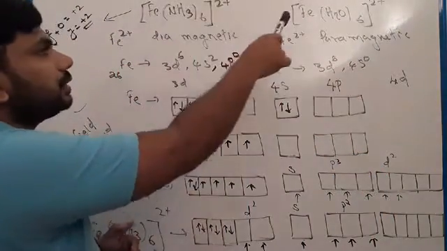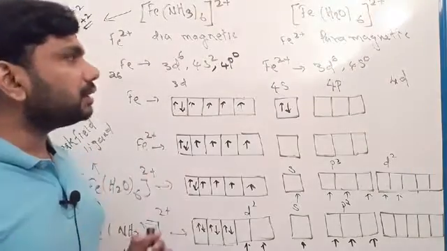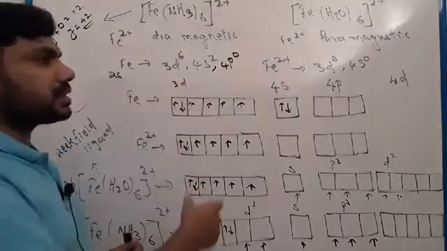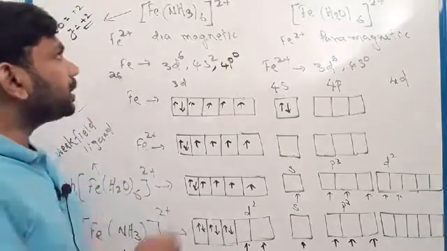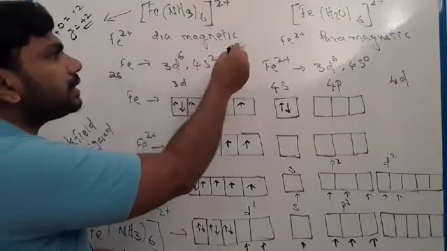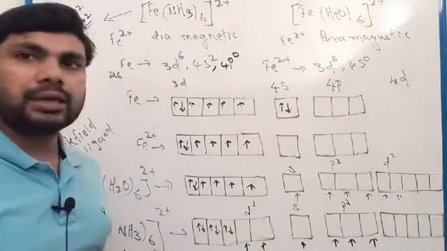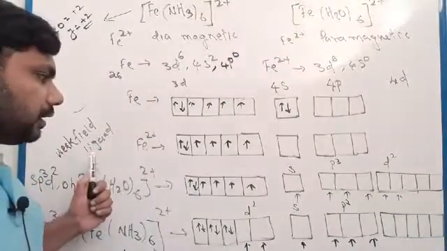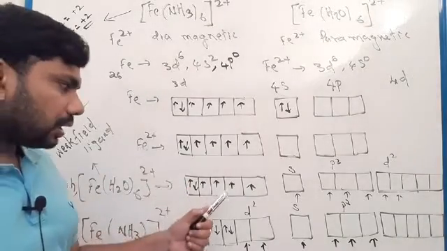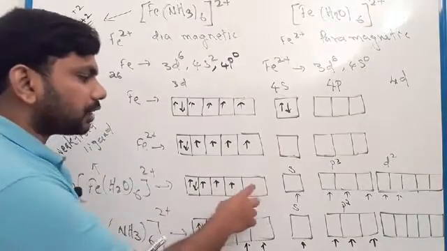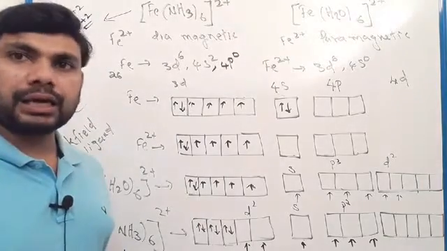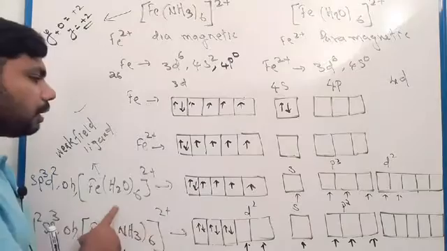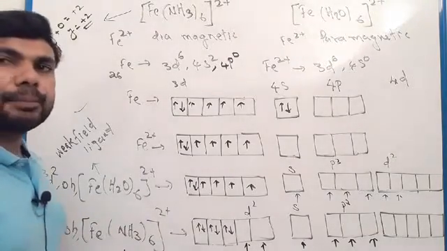Our question was like this. These are the two different ligands, and in both the metal is iron Fe2+. But the first case is paramagnetic and the second case is diamagnetic. Why? Look here, H2O is a weak field ligand, pairing does not occur and there are unpaired electrons, so this coordination compound shows paramagnetic property.